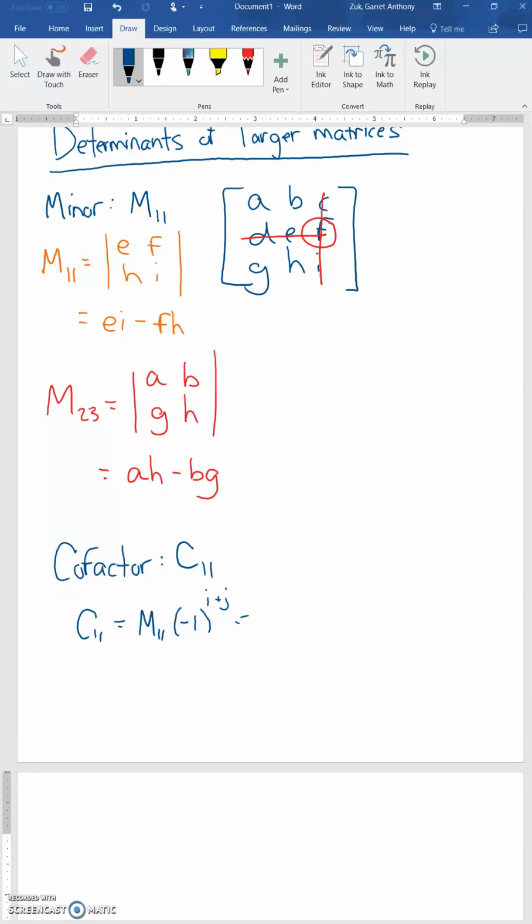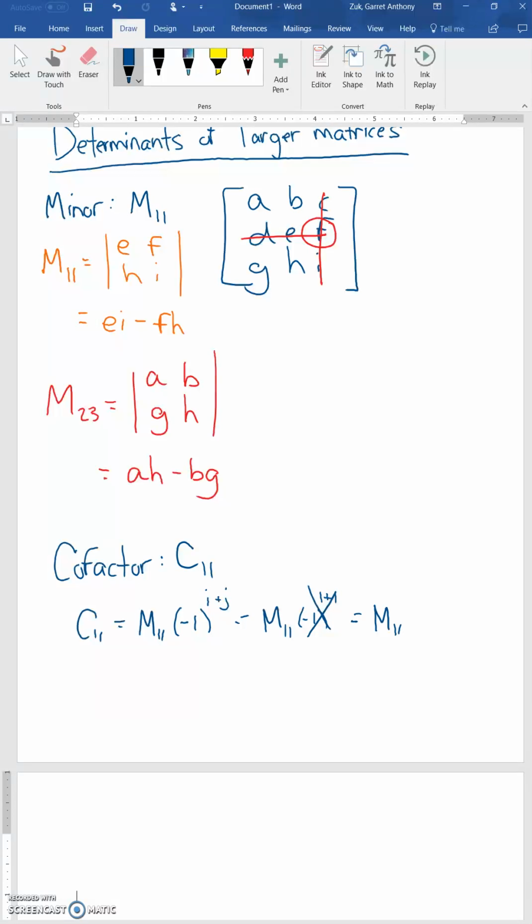So in this case, this would be the minor in the first row and first column times -1 to the 1 plus 1, because we're looking at the first row and the first column. Well, we know -1 squared is just 1, so we can get rid of that. In this case, the cofactor would just be the minor at 1, 1.